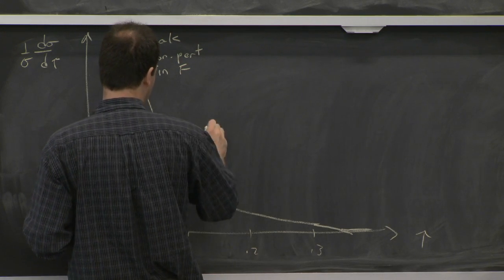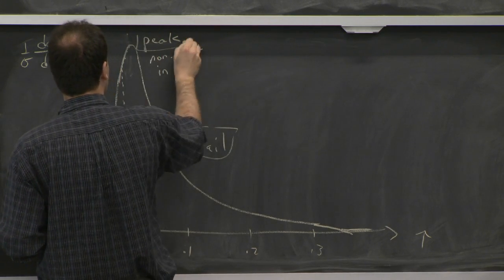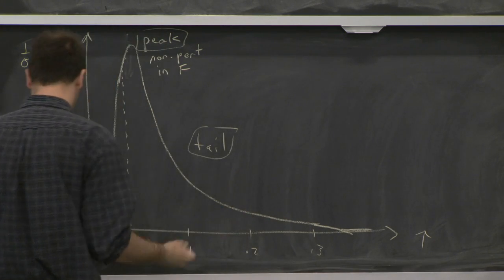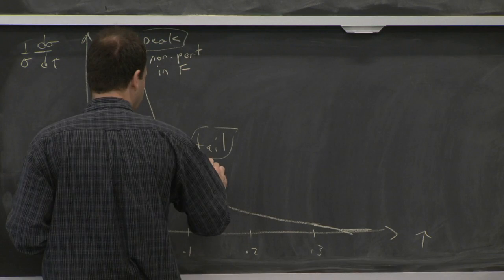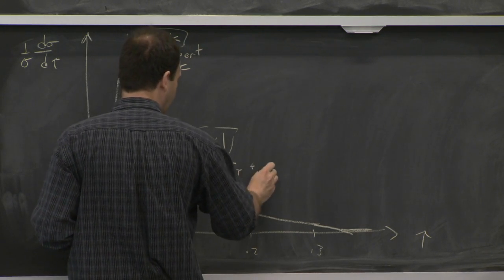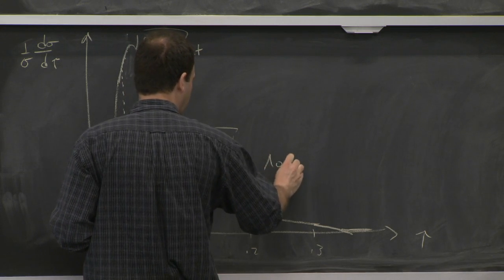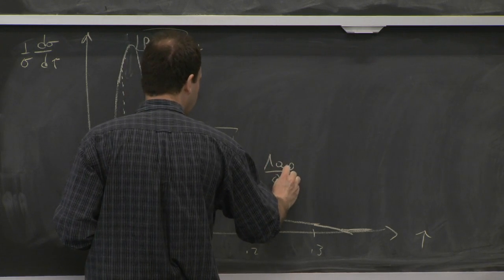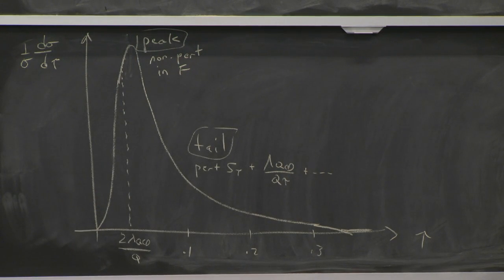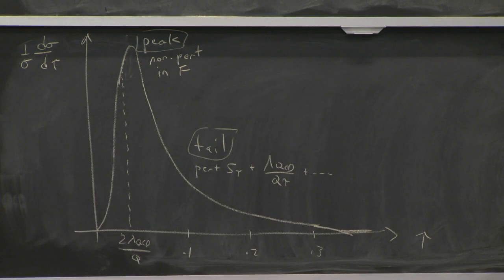It could be called the shoulder, but once you're out here and down here, this is what you call the tail, where you have a perturbative S tau. And then you would include power corrections by expanding. And the expansion would give you lambda QCD over the soft scale, which is Q tau.